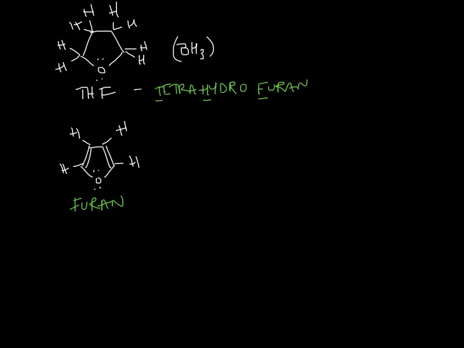It's a complicated name based on your knowledge of the fact that this is furan, but these are the 2 most common ethers that you will see with more than just 2 carbons. The most common one with 2 carbons is a functional group that we have seen already, which is this little guy. We've called this before an epoxy group, and it is named an epoxy group, but that's as a substituent.